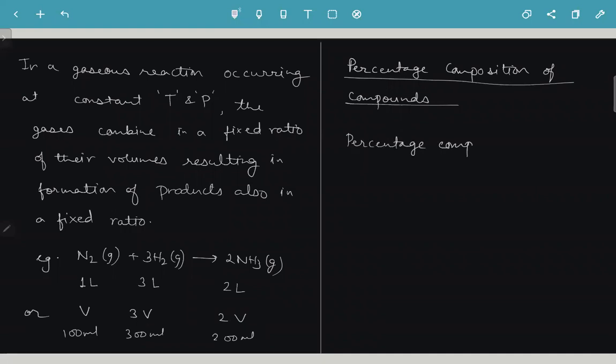Percentage composition is generally specified as mass percents of different elements present in a compound.